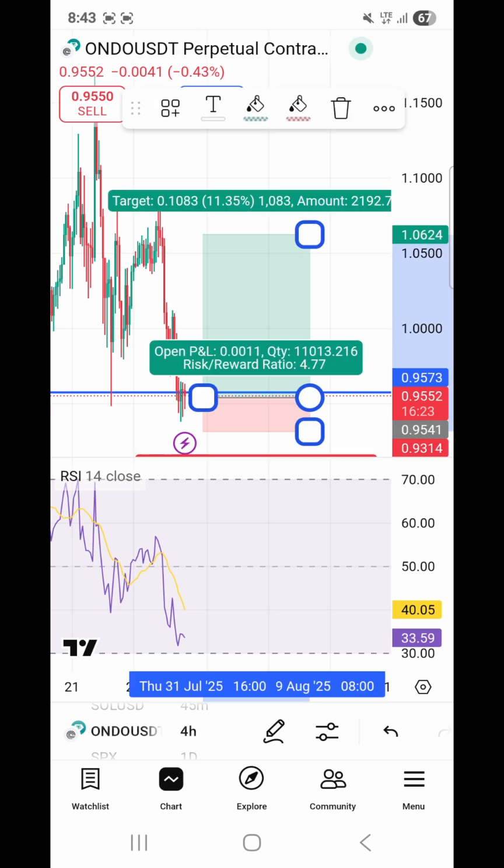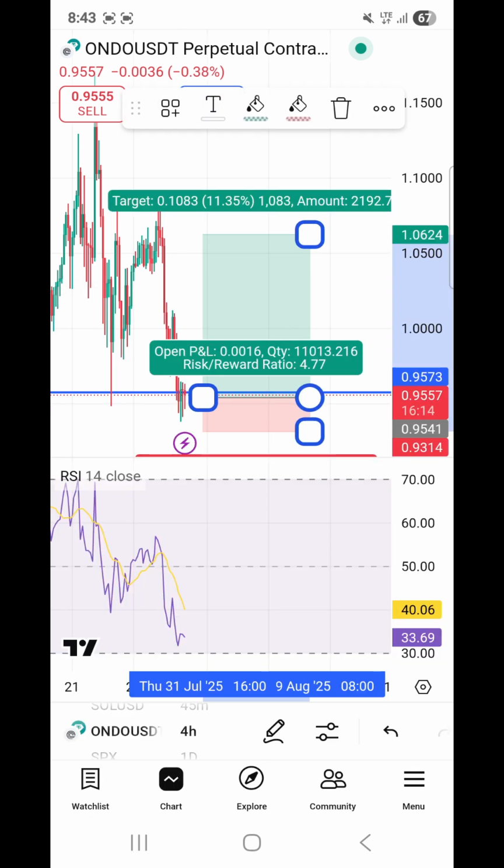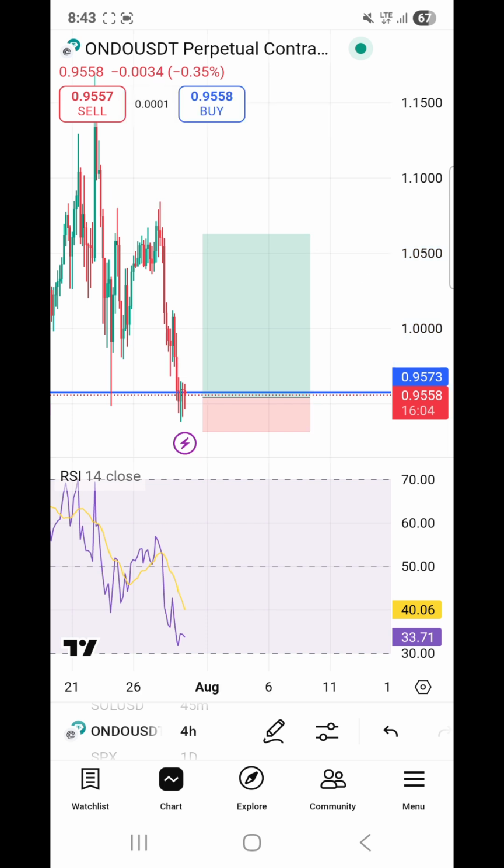So here it is saying that I'll be risking $4 to make $77, and I have to set my stop loss at 0.9541. So now this is where position trading comes into place.